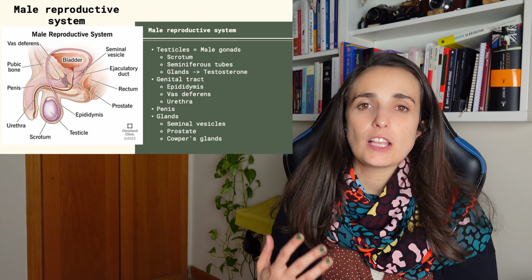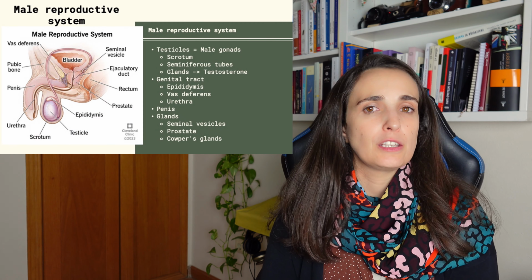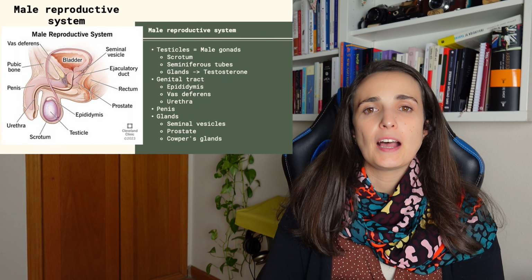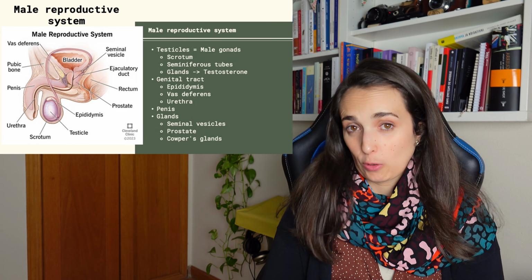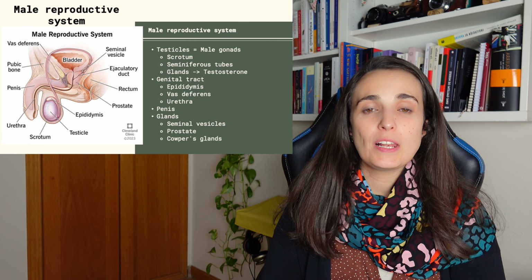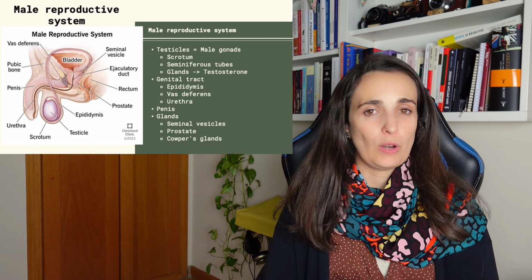Because if spermatozoids enter in contact with urine, they can die, because the pH is not the same, and it could alter the quality. So the Cowper's gland will clean the conduct, the urethra, before the ejaculation.